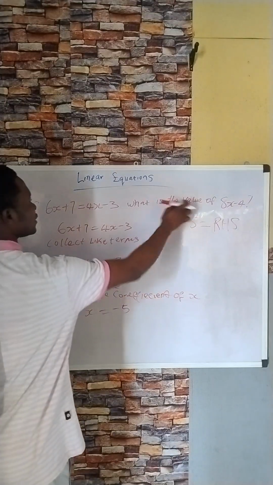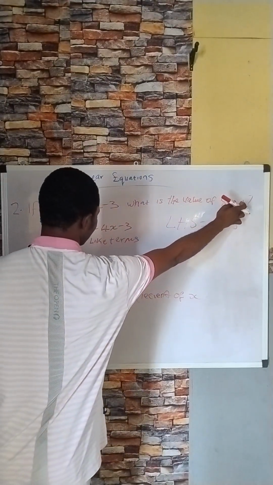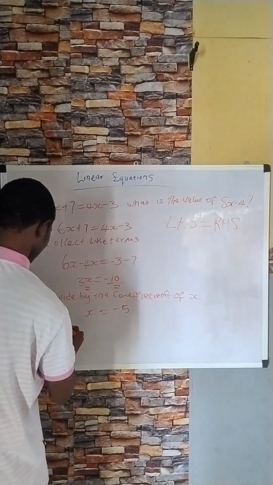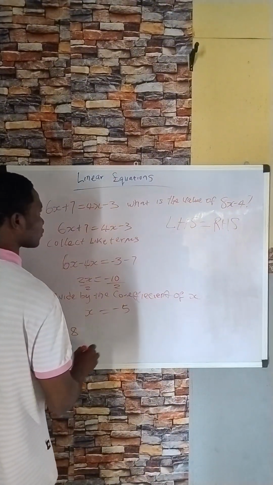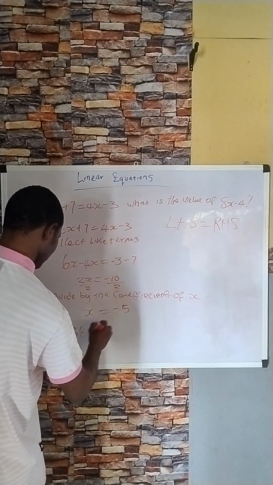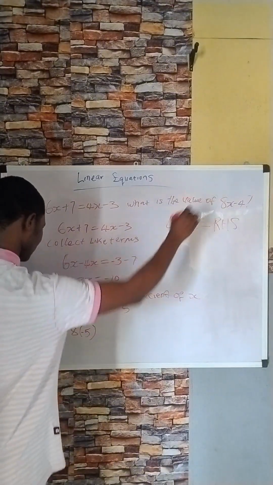So now to answer this question, what is the value of 8x minus 4? What you do is bring 8, brackets, minus 5 as x, then minus 4.